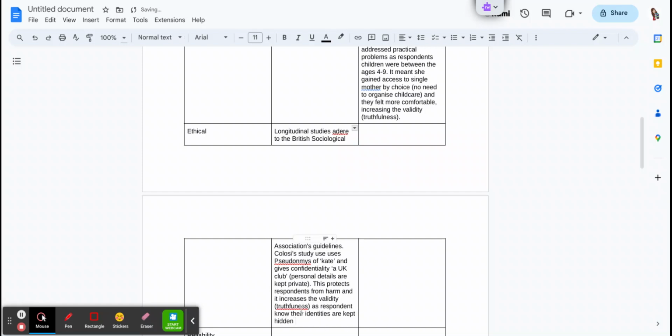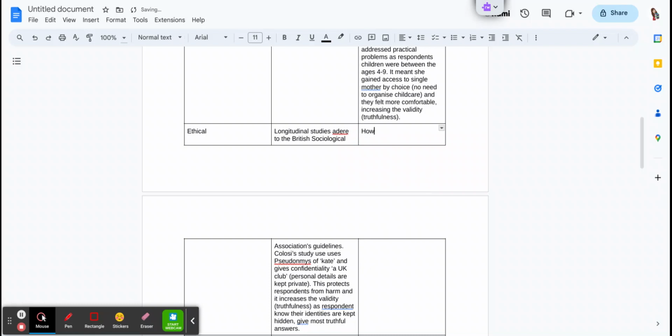This protects respondents from any harm, and it increases the validity, as respondents know their identities are kept hidden. They'll give more truthful answers. So, of course, they adhere to ethical issues in the British Sociological Association's guidelines.